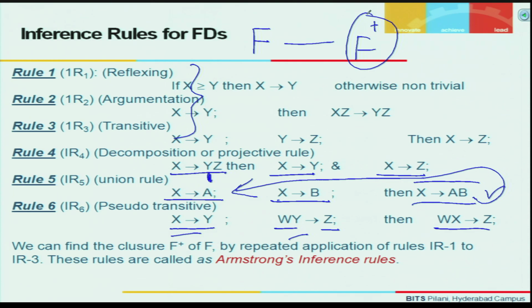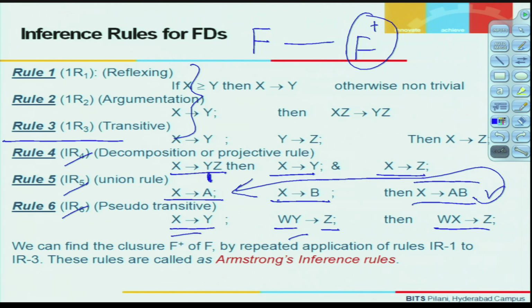And that is why IR1 through IR3 are called Armstrong's inference rules. Any other inference rules, that is IR4, IR5 and IR6, can be proved in terms of IR1, IR2, IR3. That is why IR1 to IR3 are very, very important.